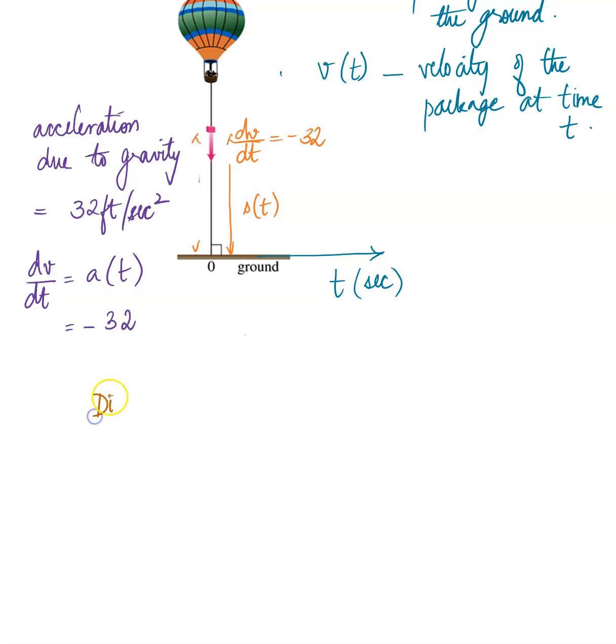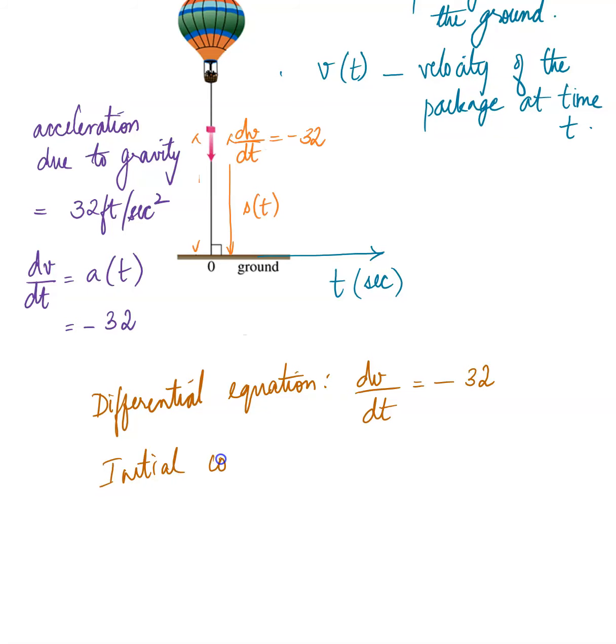So first, we need these two things, right? Differential equation and the initial value. So the differential equation is this dv over dt, which is negative 32, and the initial condition is the velocity when the package was dropped at time 0.